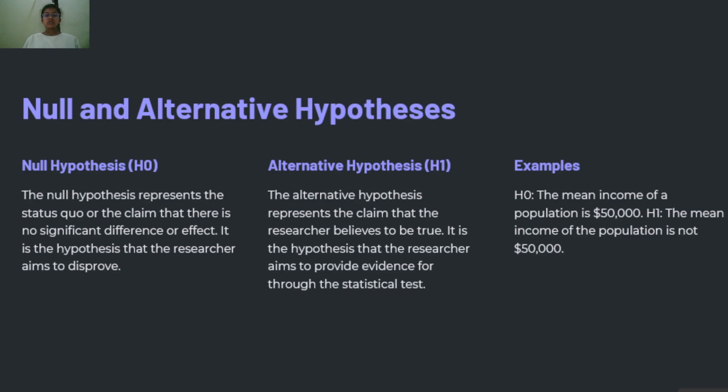It represents a claim that the researcher believes to be true, and it is the hypothesis that the researcher aims to provide evidence for through the statistical test. Example: H0, the mean income of the population is $50,000, and H1, the mean income of the population is not $50,000.